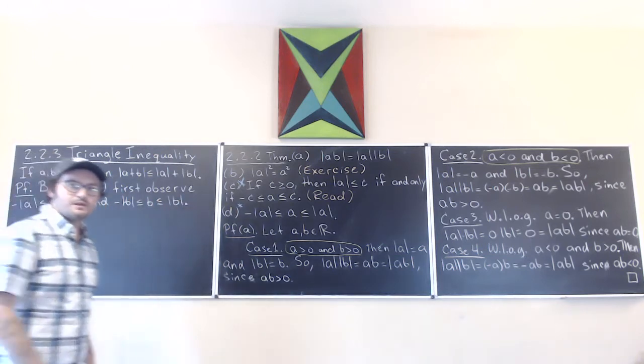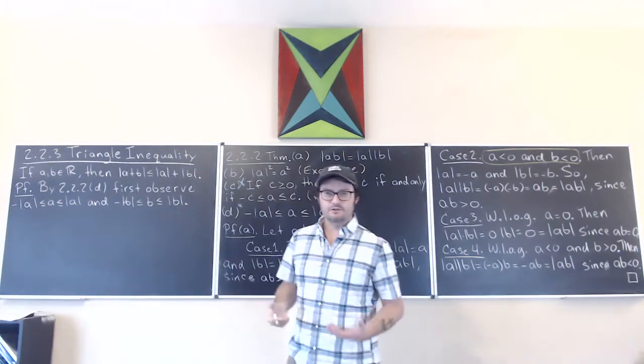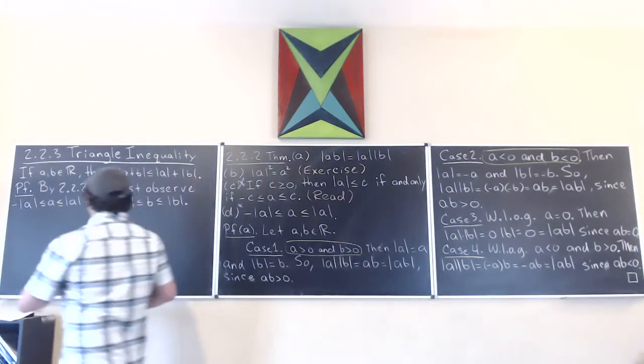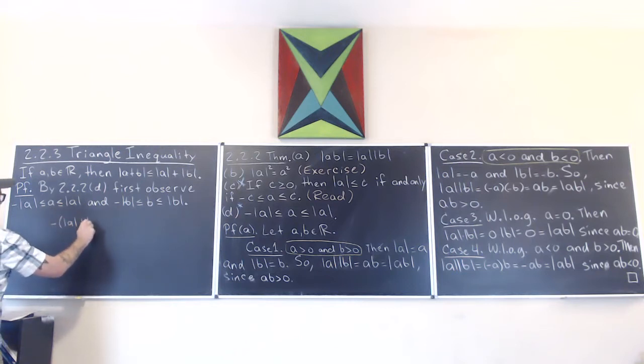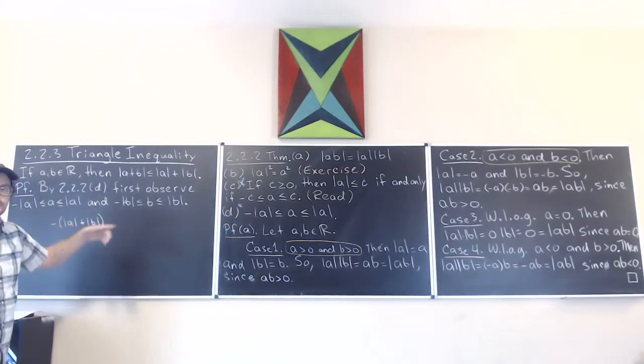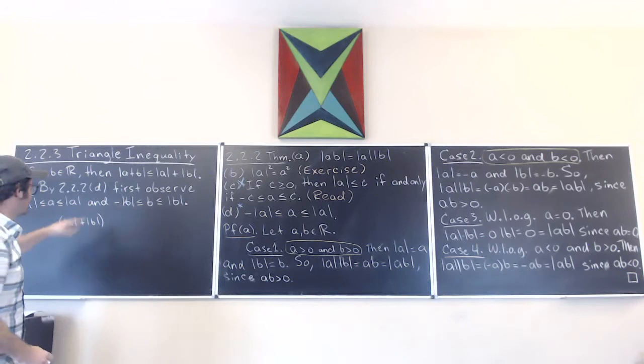Okay. Now let's add these inequalities together. If we add the left-hand side, we get minus of this sum. That's the lower bound of this inequality.